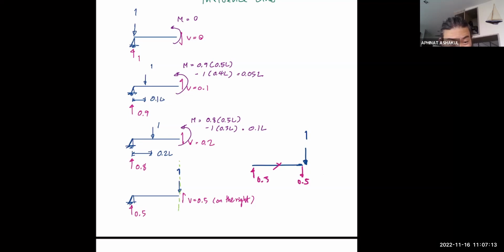So V equal to 0.5 on the left. Now, what about moment?